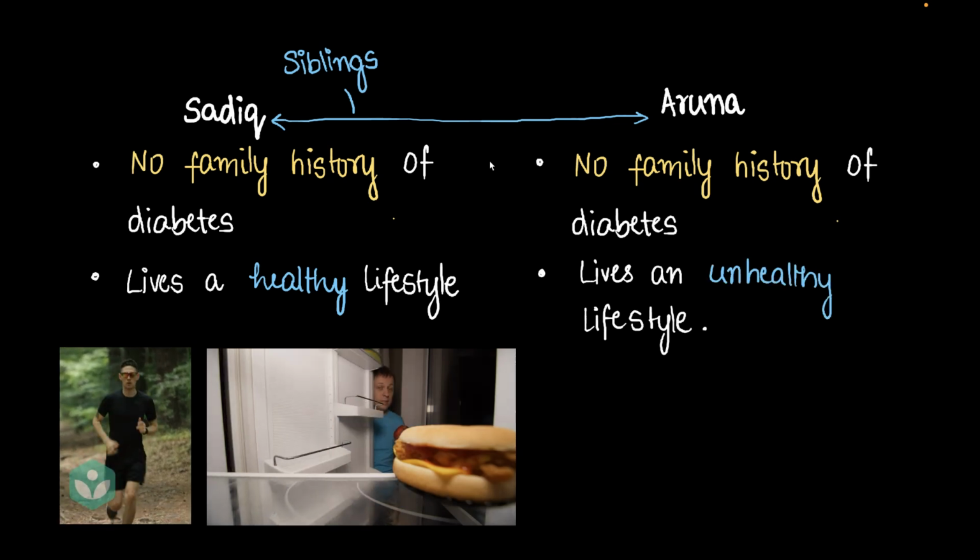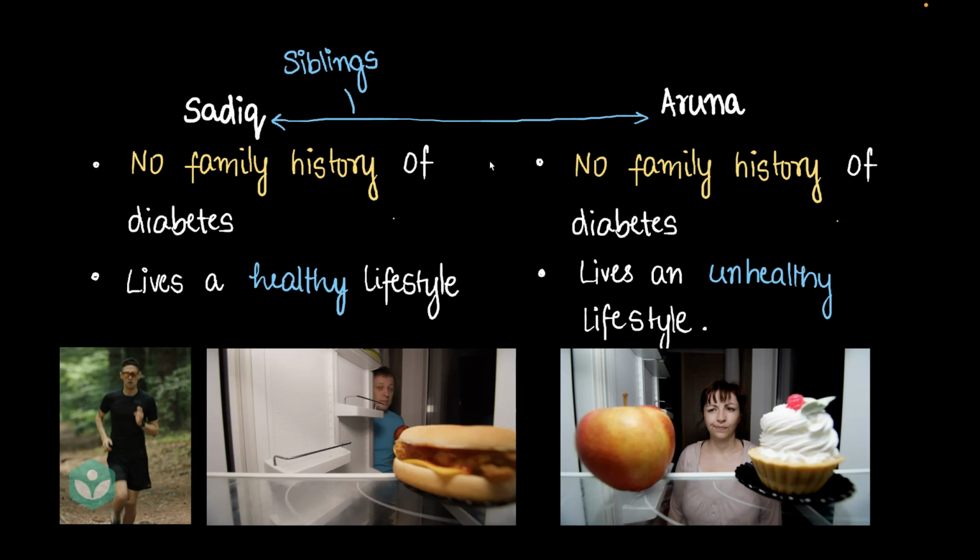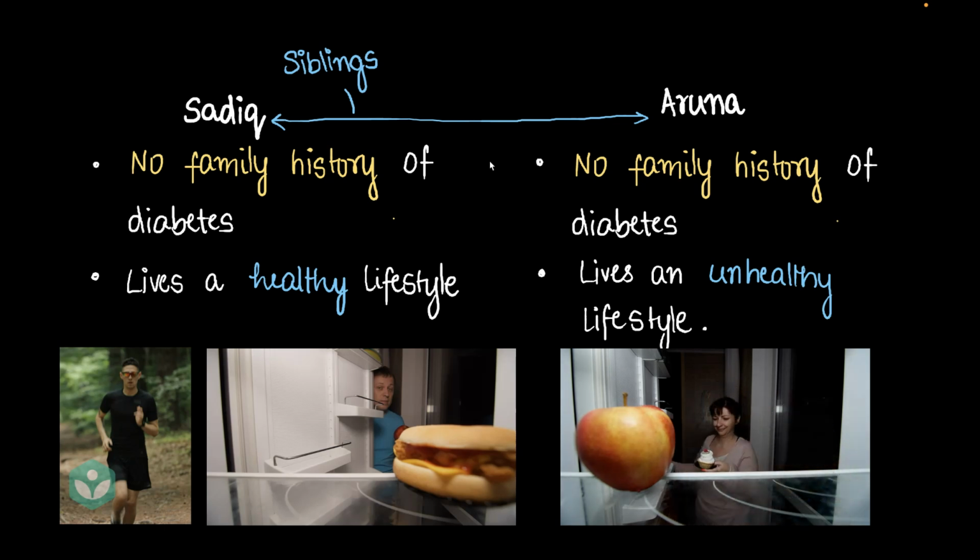She doesn't exercise regularly and often resorts to eating a lot of junk food. Now, which of these two do you think is more susceptible to diabetes? Obviously, Aruna is at a higher risk of getting diabetes, right? In this example, we saw that when two people had the same family history, what determined whether they got diabetes was their unhealthy lifestyle, right?